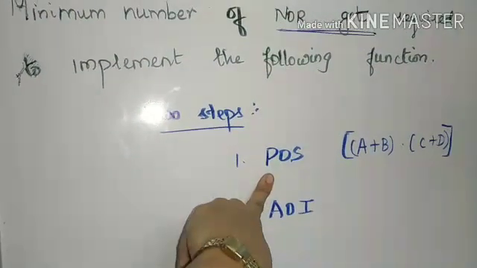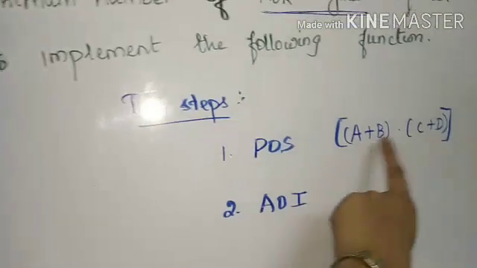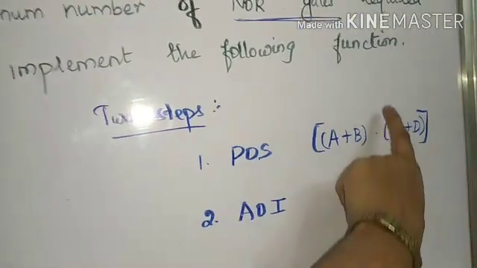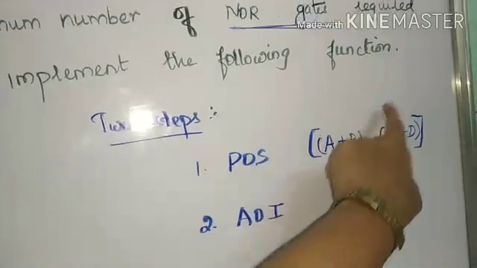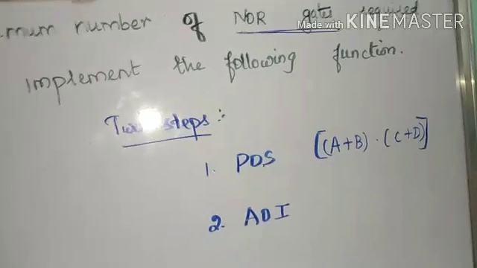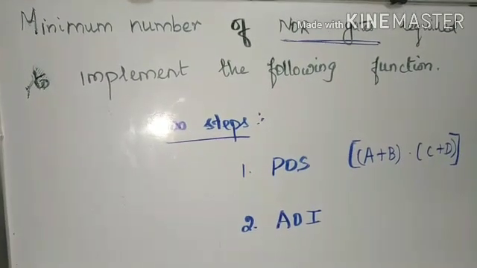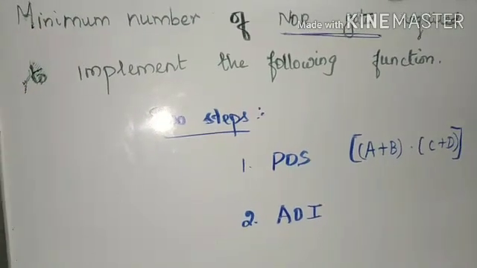SOP means sum of products. There will be two product terms with a plus sign in the center. That is said to be sum of products. So if they ask us to find the minimum number of NAND gates, we have to follow SOP format.